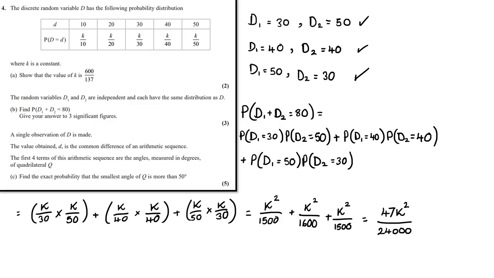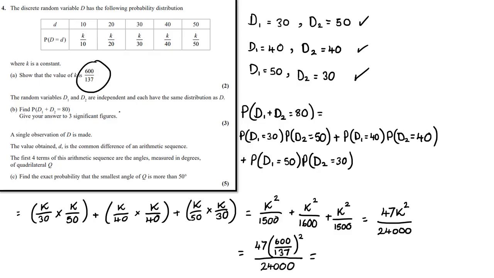All I need to do now is sub this value of k in here. So even if you couldn't do part A, you can still go on to do part B as long as you understand what the question is asking for. So all I need to do now is simply substitute k equals 600 over 137 into this expression here. So that gives me 47 lots of 600 over 137 all squared, and then we divide this by 24,000.